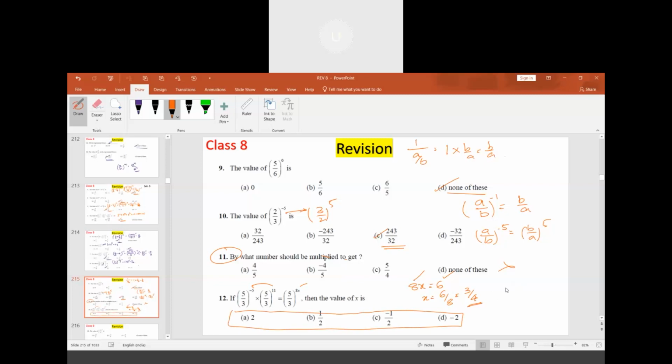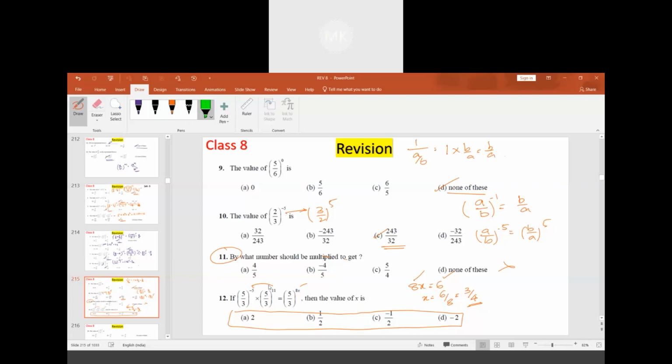Option number D. Minus 5 plus 11 is 6, not minus 11. Why minus 11? Minus 5 minus 11 equals minus 16, but here it is plus 11, not minus 11.